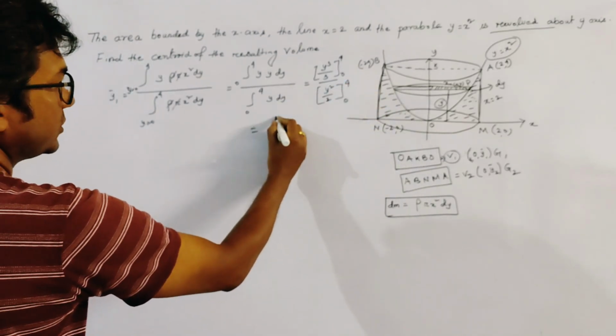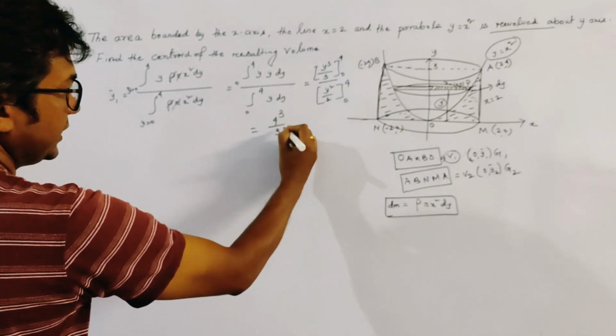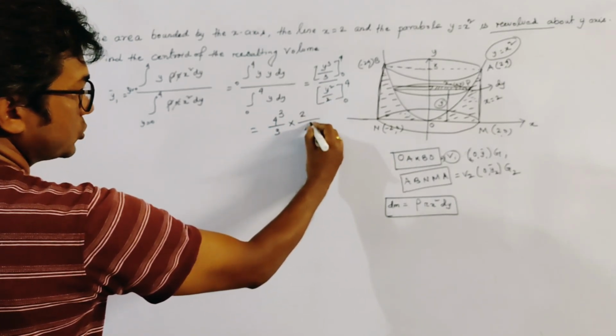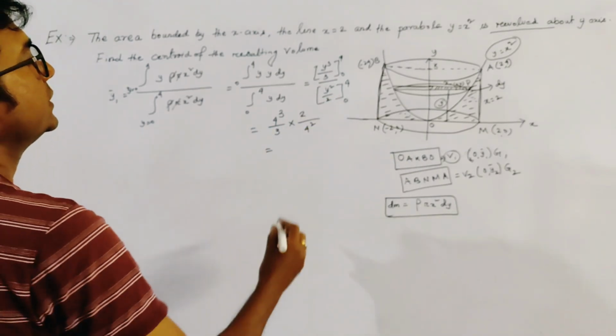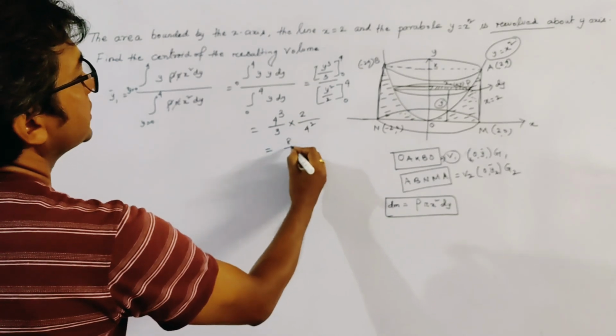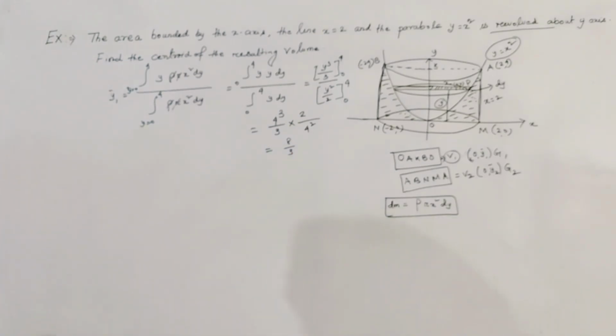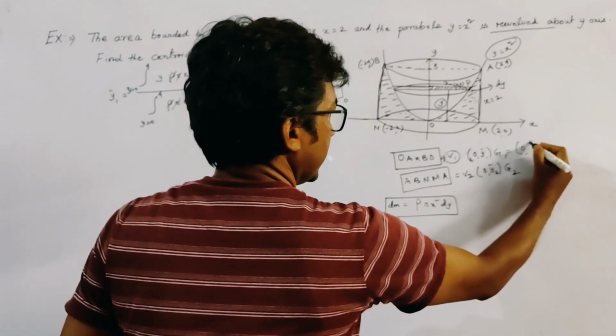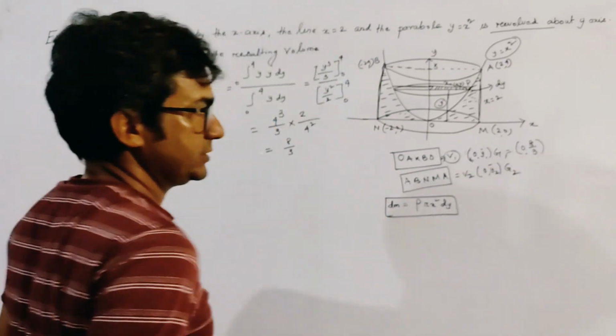So we get 4 to the power 3 by 3 into 2 by 4 square, that is we get 8 by 3. So the coordinate of G1 is 0, 8 by 3.